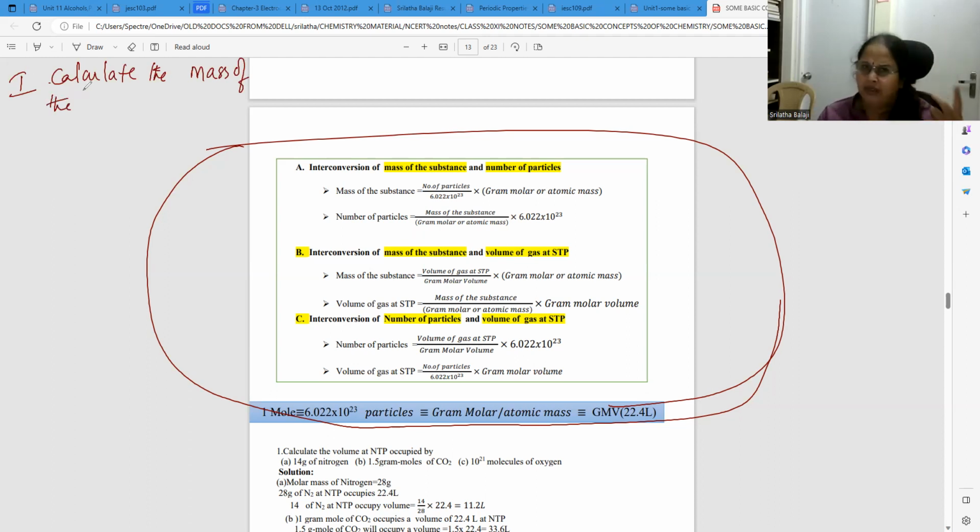In this category we can take the first one here. Calculate the mass in each case.